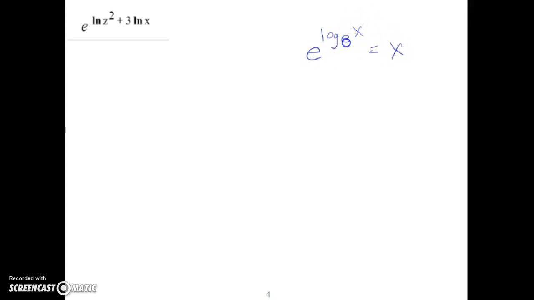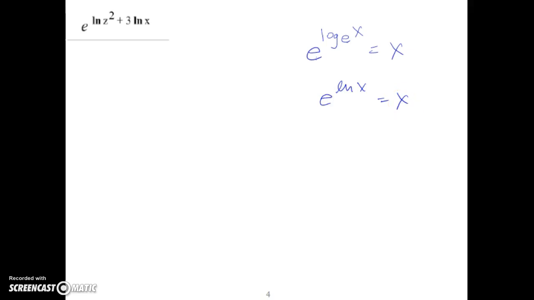So whenever these two values are the same, it simplifies to whatever you're taking the log of. Remember, log base e is the same thing as natural log. So e to the natural log of x is going to be x. Anytime you see e raised to a natural log, you know the base of natural log is e, and so you can simplify it to be whatever it's equal to.